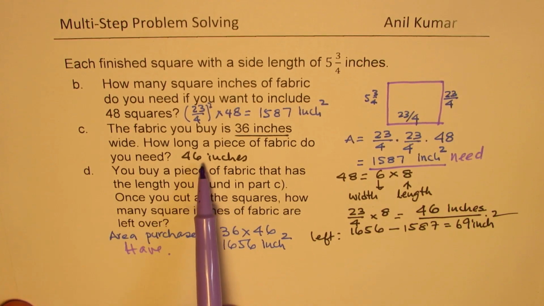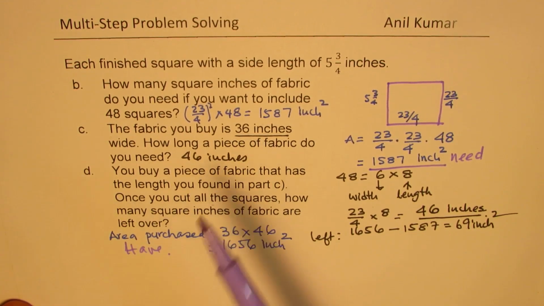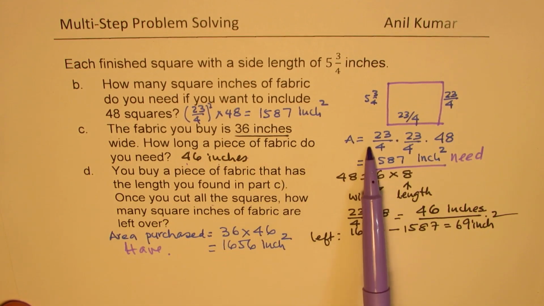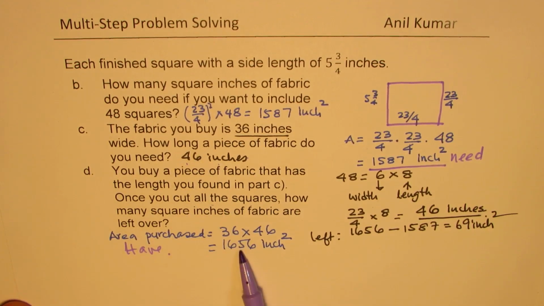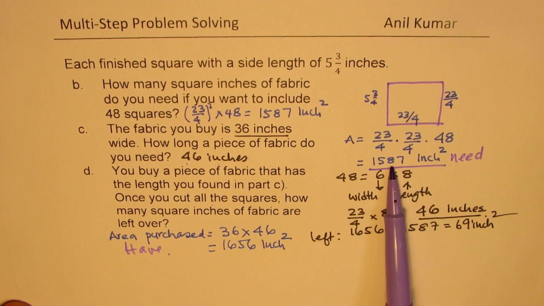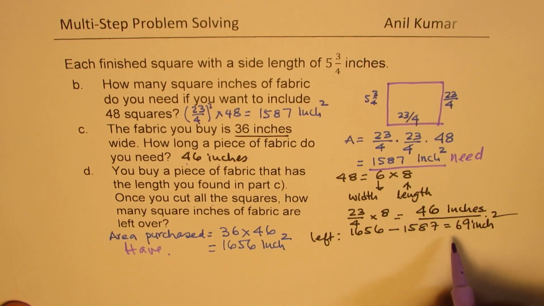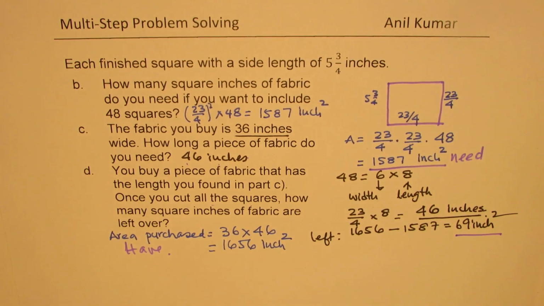So we purchased a piece of fabric 36 inches wide and 46 inches long. Multiplying that, we know the area of our fabric. Taking away what we need, we know what is left, which is 69 square inches. So that is how it should be solved. I hope that is absolutely clear.